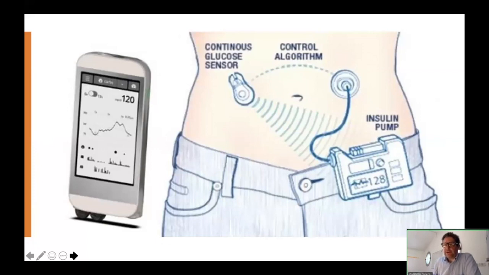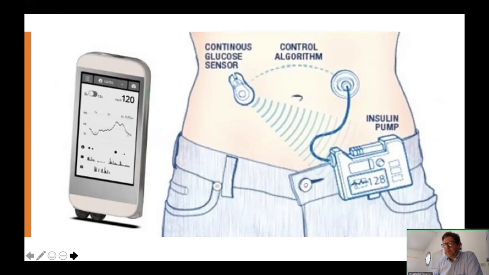So this is an example of real-time pharma dosing, automatic pharma delivery, which is called artificial pancreas because it does what the pancreas should do and is not able to do anymore, and becomes the best therapy for diabetes ever.